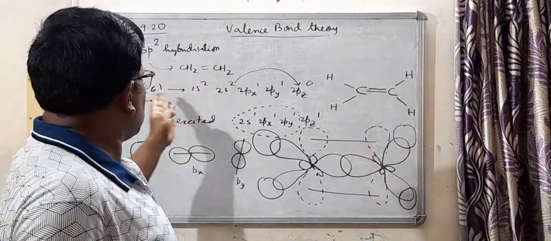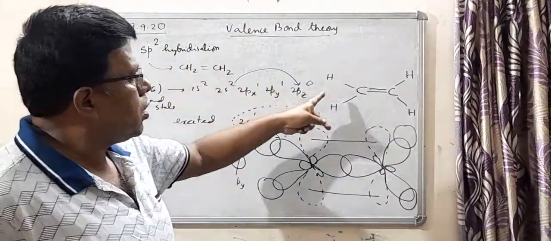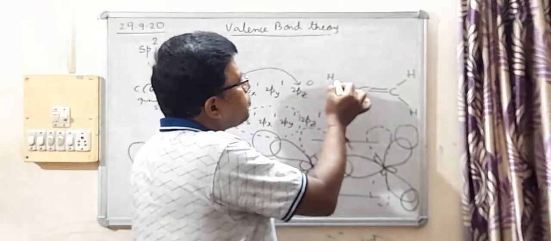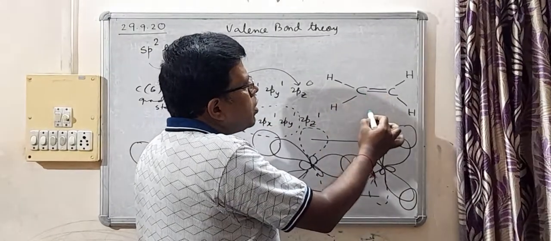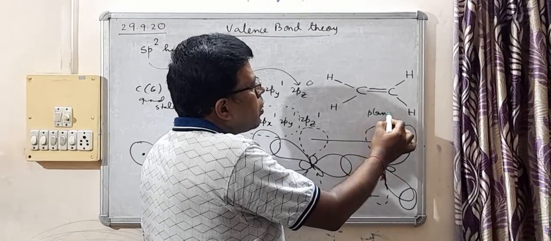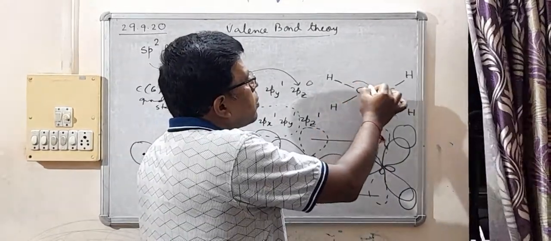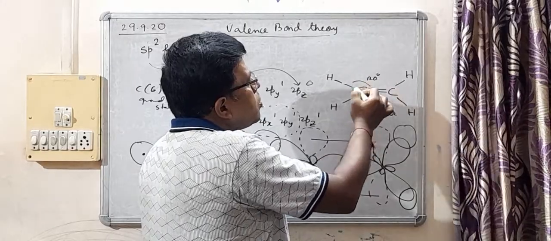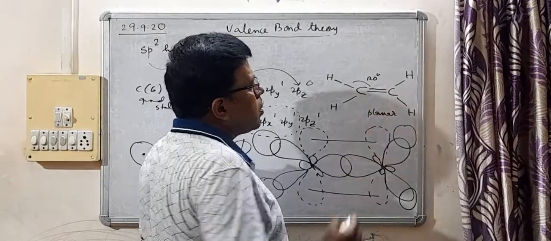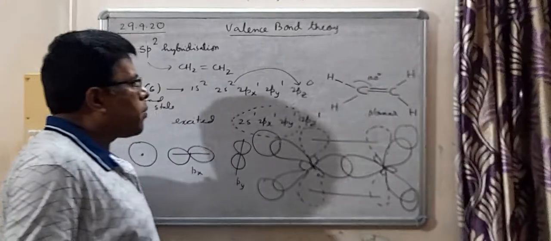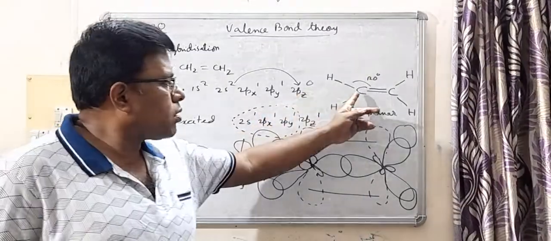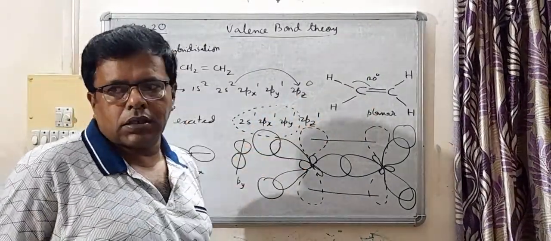So this is the molecule ethene, and this molecule is planar. The bond angle is 120 degrees. All these angles are 120 degrees. It is planar. So here the carbon atom is sp2 hybridized.